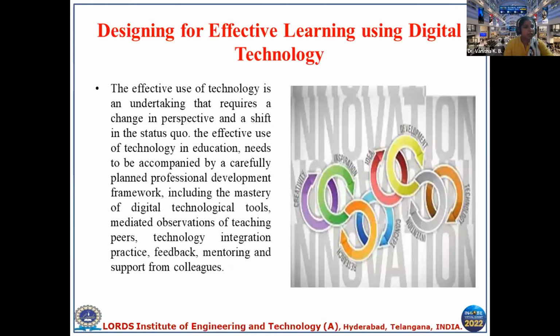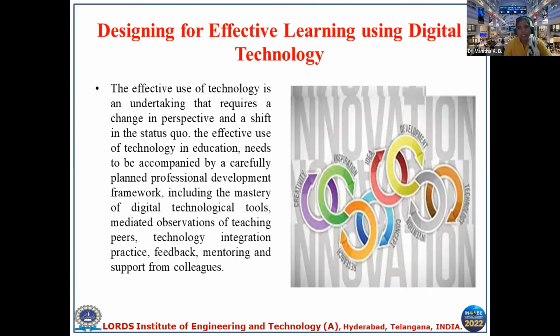So here, the effective use of technology requires a transformation shift, like moving from one technology to another technology. And this is accompanied by a professional development framework, which includes digital technological tools such as observation of teaching peers, technology integration, feedback, mentoring, and support from colleagues.